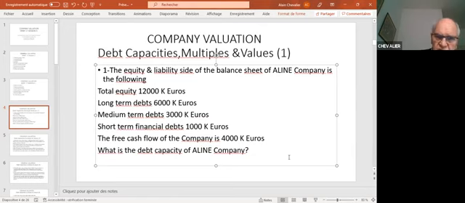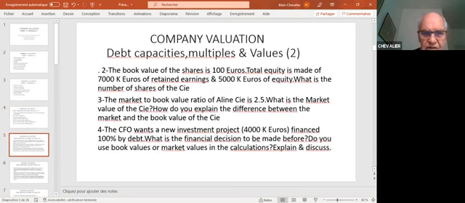The free cash flow of the company is supposed to be 4,000 euros, and the question is a classical one. You should be able to answer it and get 0.5 points if you have such a question in the final exam. What is the debt capacity of Aline Company?